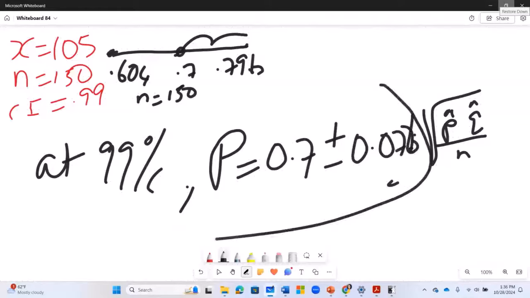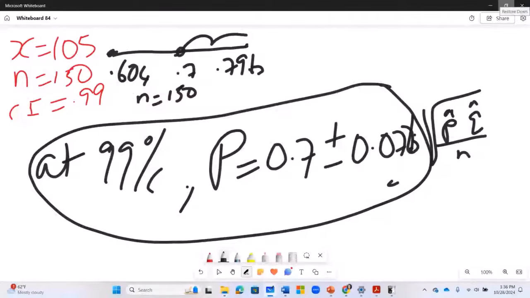Remember you have to be confident to the percentage of confidence given to you. So I am given 99% confidence. So at 99% confidence, the population proportion is the point estimate, the sample proportion, plus or minus the margin of error.